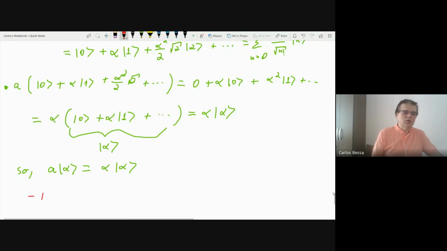Okay, and so this is an important property. The other thing is to study the coherent states more carefully.